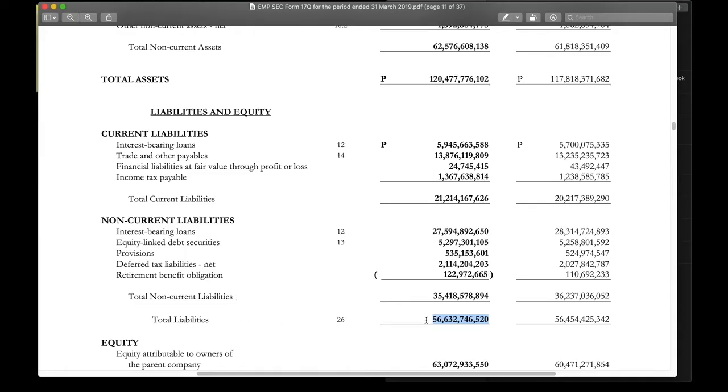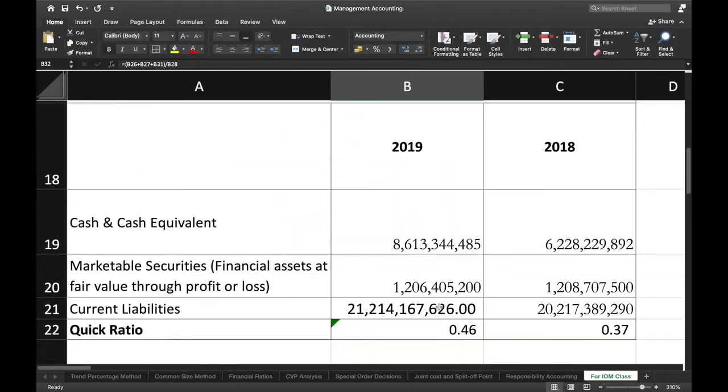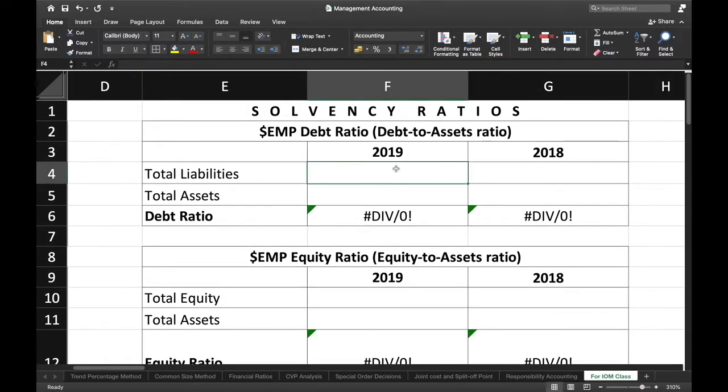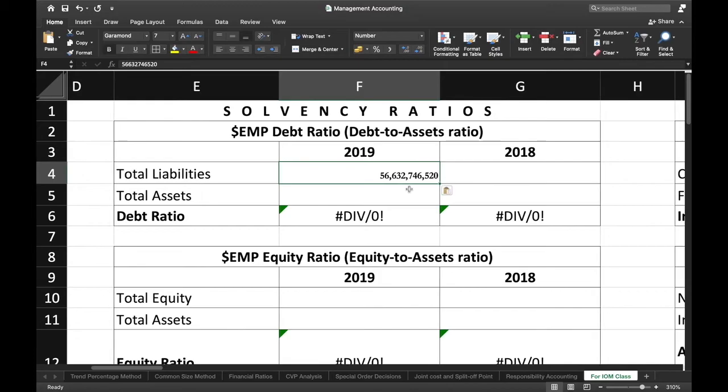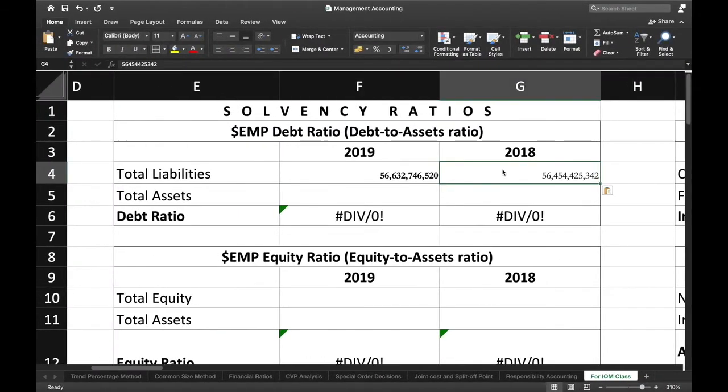Ito po, yung 56th na billion, 632,746,520. So, let's copy this. Total liabilities. Here, we have here. Ayan. For the year 2019, solvency ratios na tayo. For year 2018, copy-paste din natin ito. Ayan.